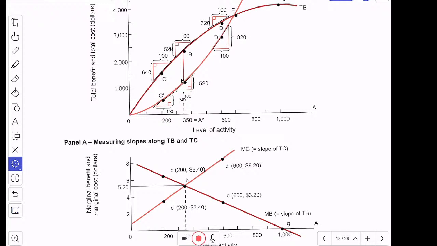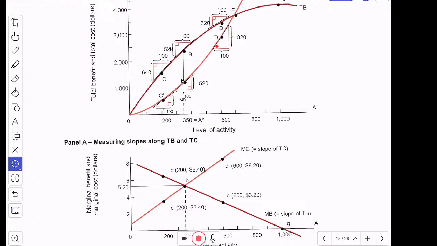At each point on the curve, you have a tangent, and that tangent is the derivative, right?